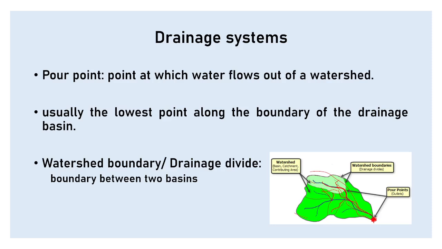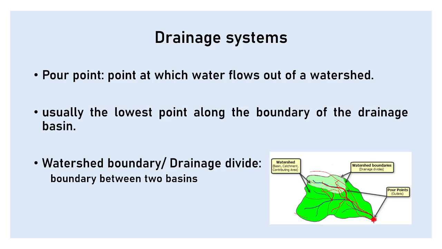The intersection of two stream channels is referred to as a node or a junction. We have used this term earlier also. Where the intersection is happening between two stream channels, we call it a node or a junction. I know I'm discussing a lot of terms, but it's better that you have a little understanding of what these are.